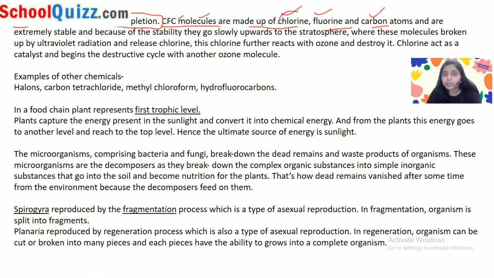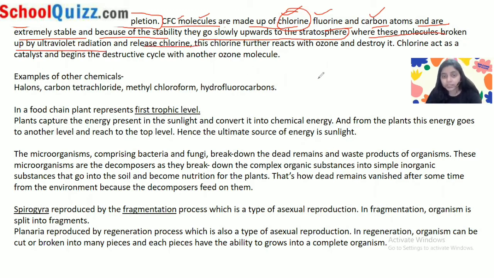Here we have the chlorine molecule, and CFCs are extremely stable, so CFC is stable in the environment. But because of this stability, they slowly go upwards to the stratosphere, where these molecules are broken up by ultraviolet radiation and release chlorine.